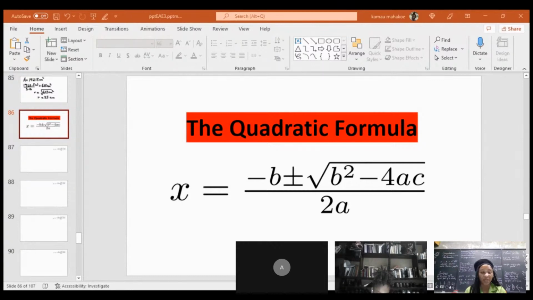Once we have the equation in that form, the coefficient of the x squared term will be our a value. The coefficient of the x term will be our b value, and the constant term will be our c value. So let's get into it.